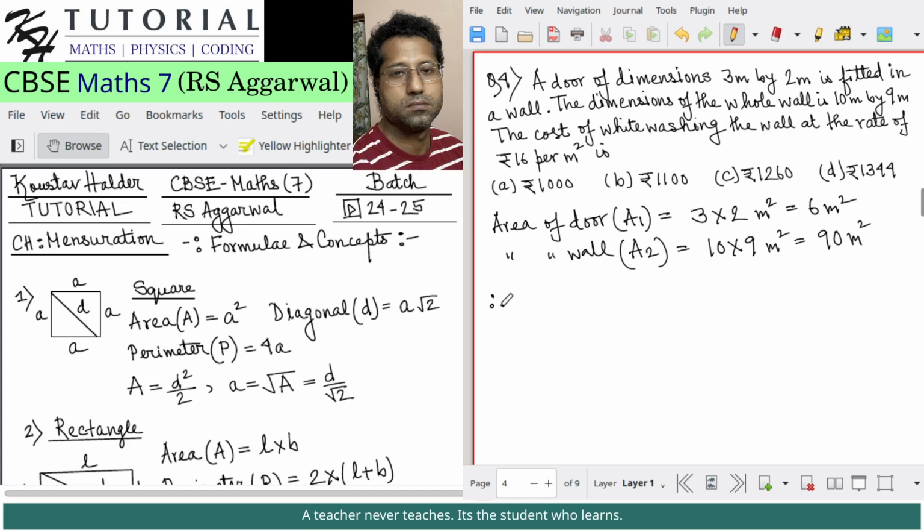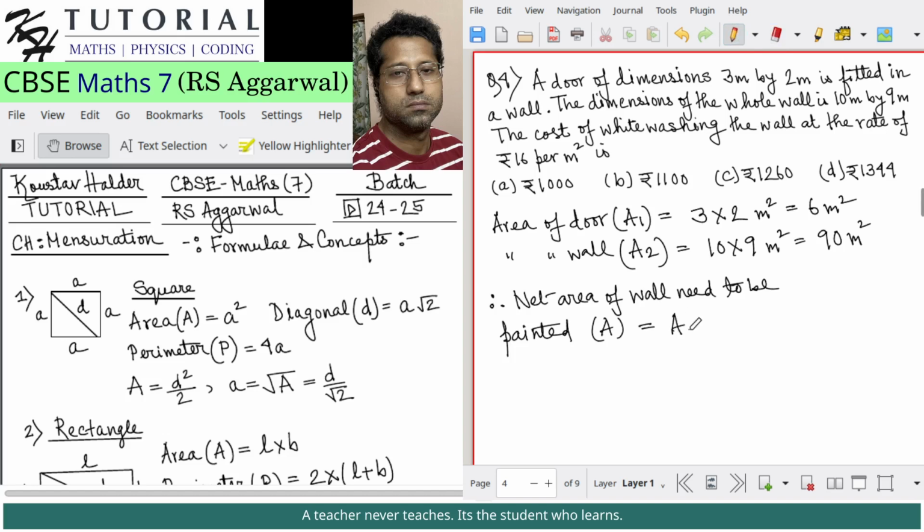So therefore net area of wall that need to be painted, let the net area that need to be painted be capital A, it will be A2 minus A1, since the area of the wall is A2.